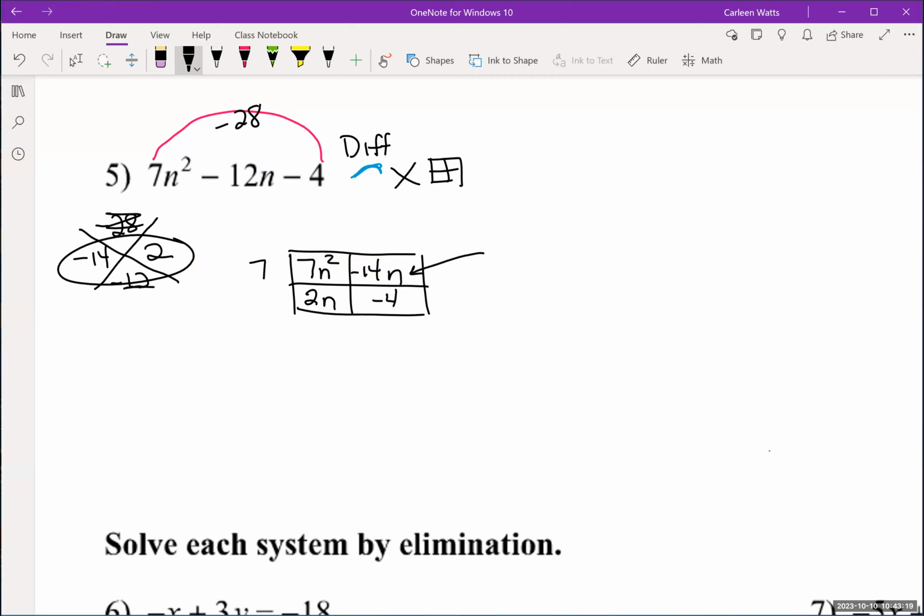I grab the smallest of the variable part because I know the smaller one will go into both, and it needs to be the greatest common factor. 7n times n, 7n squared. 7n times negative 2, negative 14n. n times 2, 2 times negative 2, negative 4. Happy face, it works. 7n plus 2, n minus 2.